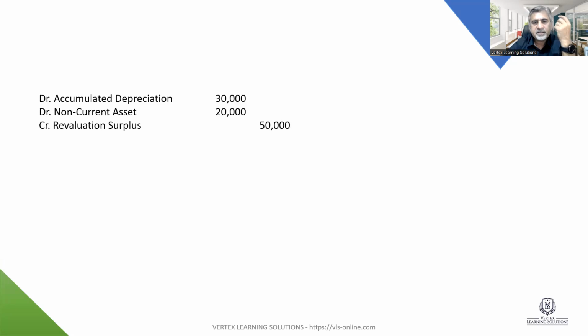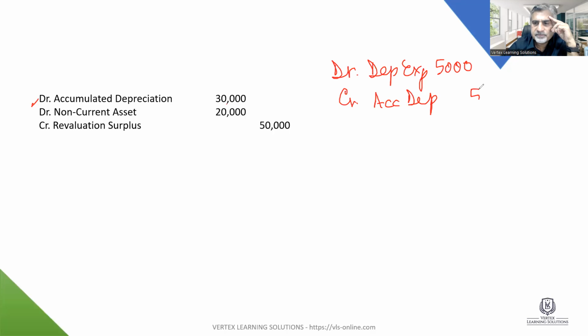See here, this is recording. The second part is recording. So revaluation gain is 50,000. I'm fine with that. But asset I'm increasing only with 20,000, debit 20,000, and accumulated depreciation I make debit by 30,000. You know what? Because what you were doing in the last years, you were saying debit depreciation expense 5,000, credit accumulated depreciation 5,000.